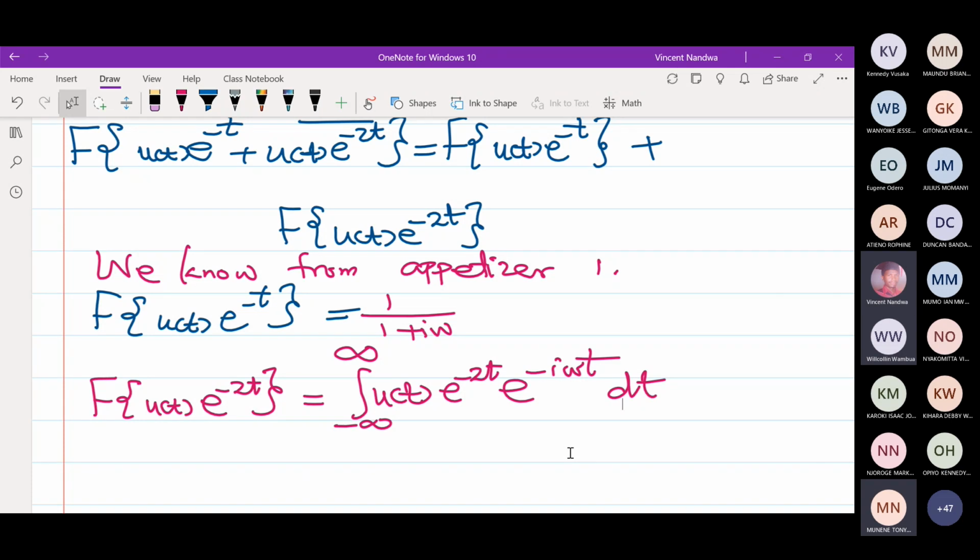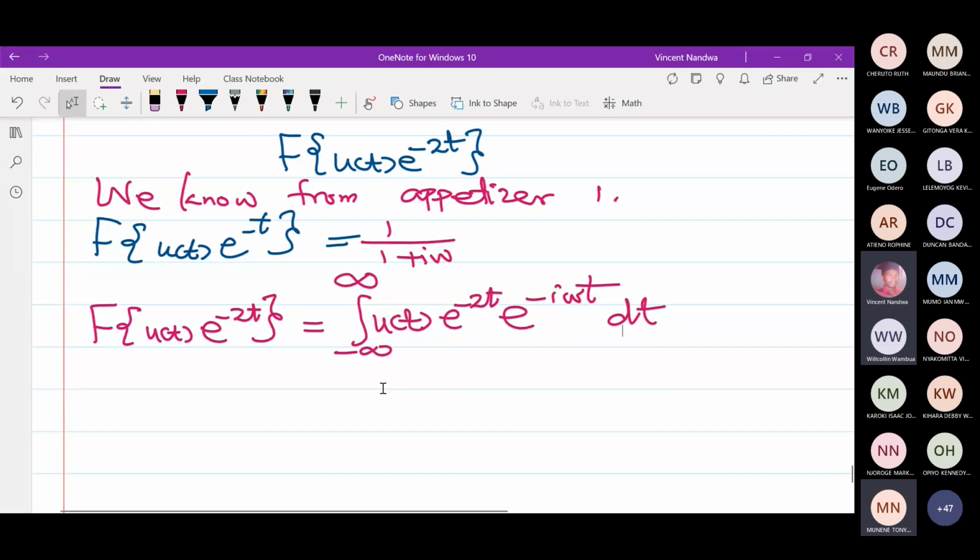Must we start from minus infinity? We start from 0 to infinity. Yes, 0 to infinity, because we know that for the unit step function, anything from minus infinity to 0 is given by 0. So carrying out integration from minus infinity is the same as the sum from minus infinity to 0, then 0 to infinity, but from minus infinity to 0, f of t is 0, so that integral is 0.